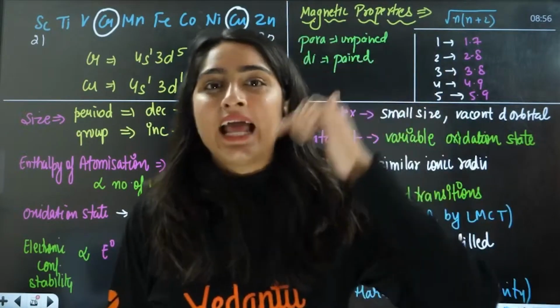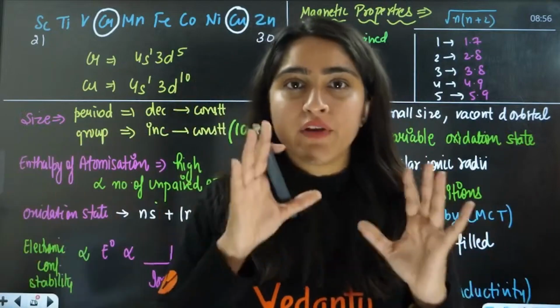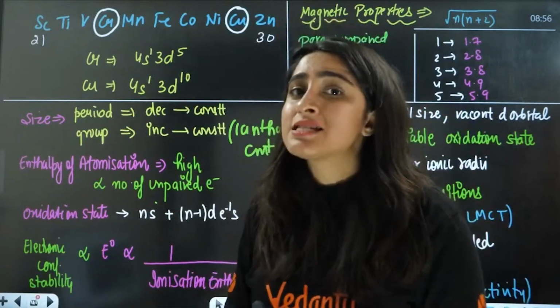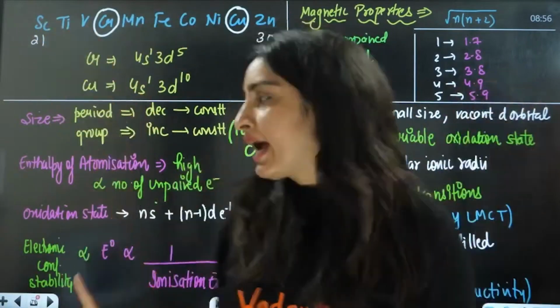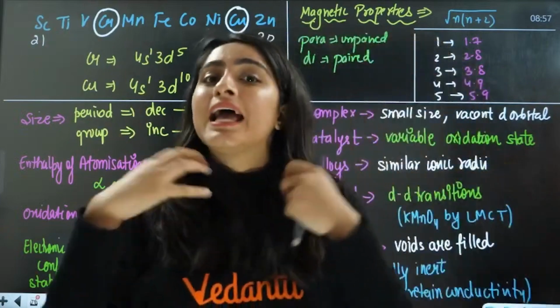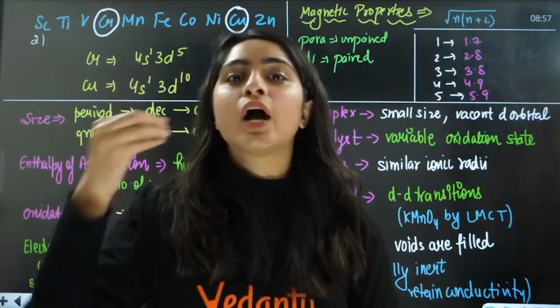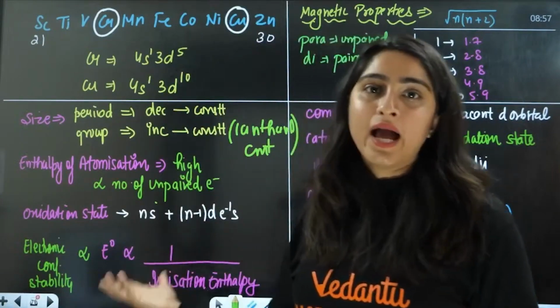If that element is in a half-filled or fully filled electronic configuration, taking out the electron is difficult, that is, the ionization enthalpy will be very high.